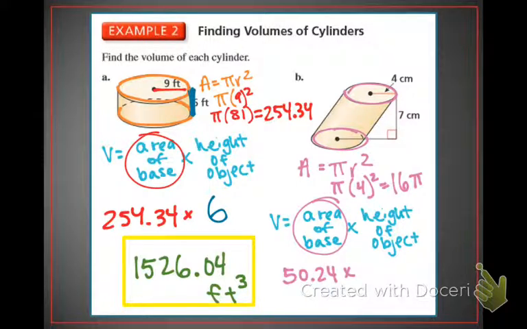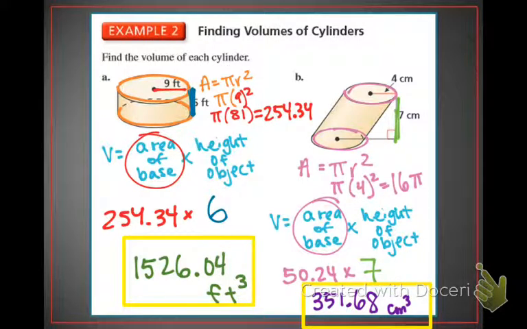Yeah. And then times the height of the entire cylinder. So what do we think the height is? 7. So what are we going to get? 351.68. And then it is centimeters cubed. Good.